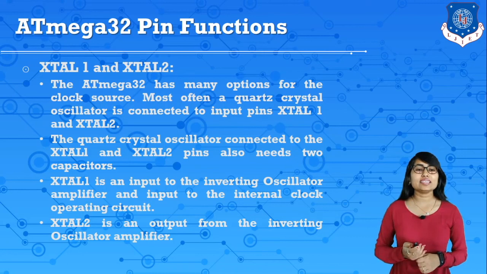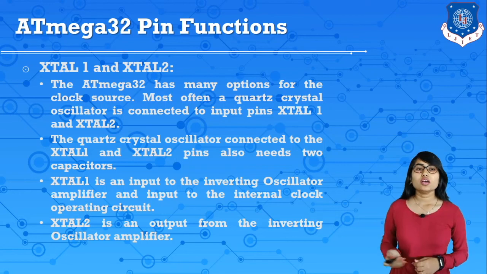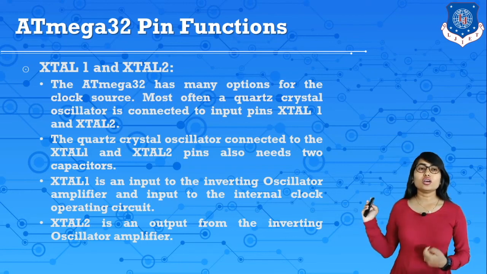XTAL1 is the input to the inverting oscillator amplifier and input to the internal clock operating circuit, and XTAL2 is the output from the inverting oscillator amplifier. So these are all the various ATmega32 pin functions.